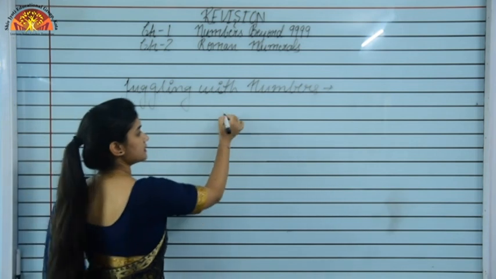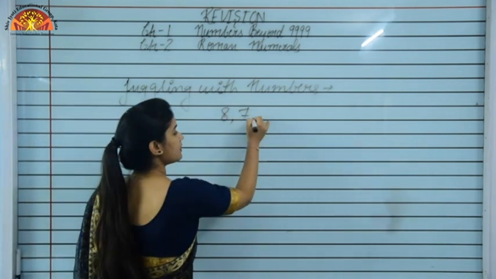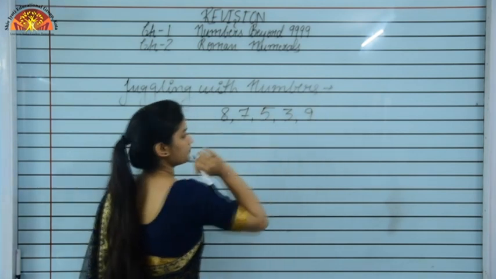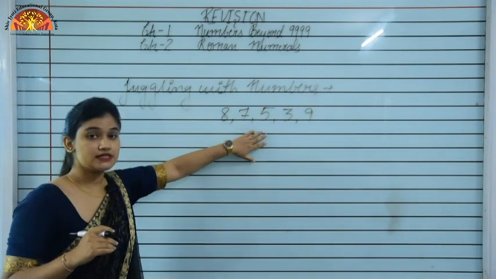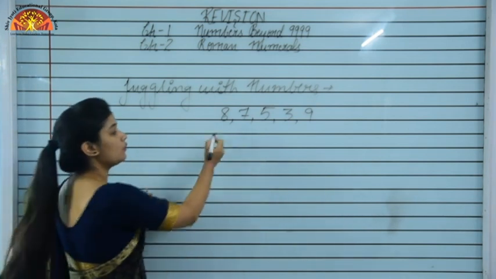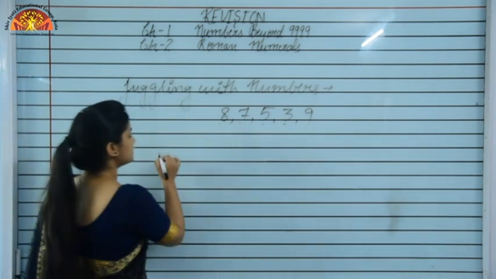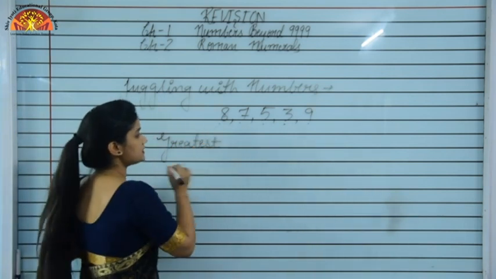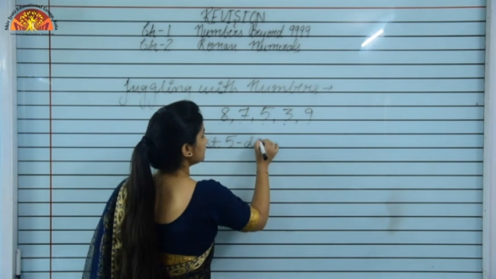Suppose we are having digits 8, 7, 5, 3, 9. By using these digits we have to find and we have to write the greatest 1, 2, 3, 4, 5 digit number. What we have to do? We have to form the greatest 5 digit number.